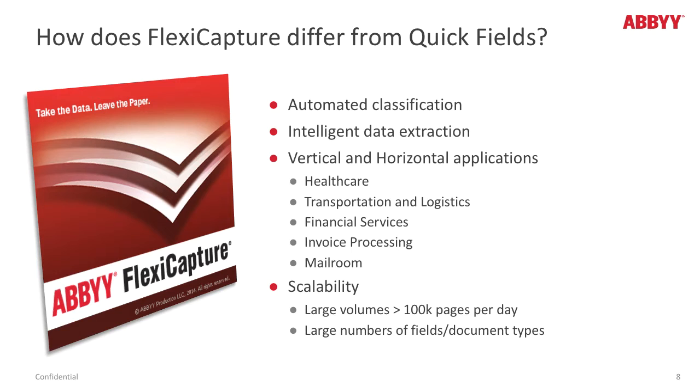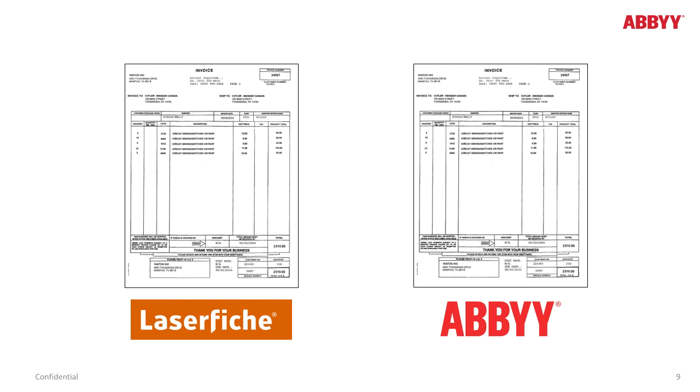So if we look at the way that Laserfiche would process, say, an invoice, Laserfiche would need you to create a template. So you create the template for a specific invoice, you define regions on that invoice, and then you perform zonal OCR. So you're scanning individual parts of the document to lift out the information.